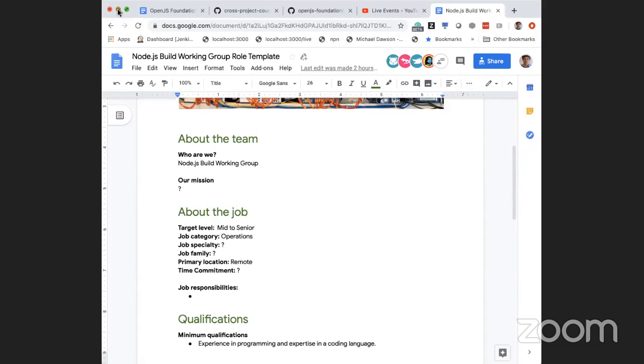Yeah, and to that point, something I'm trying to do right now with the Build working group is match the commitment to the available people resources, which currently means scaling down what we're doing.